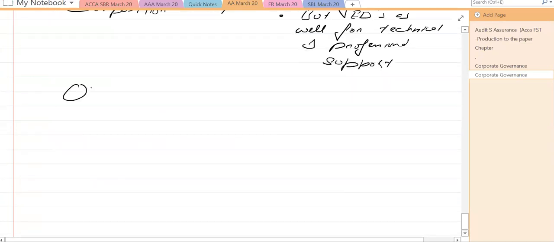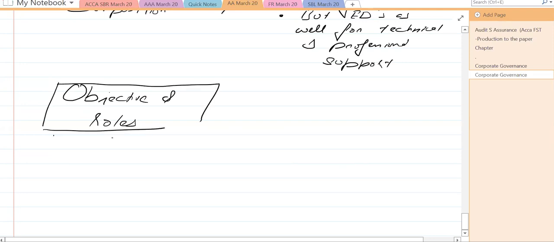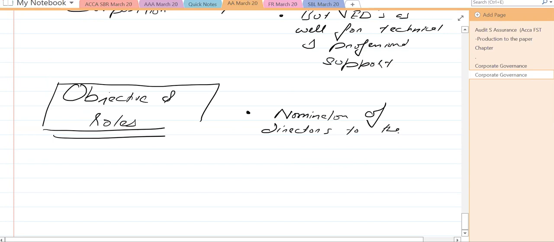So what are the objective and roles? So the objective is nomination of directors to the board for final selection.